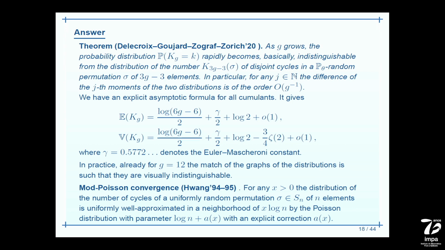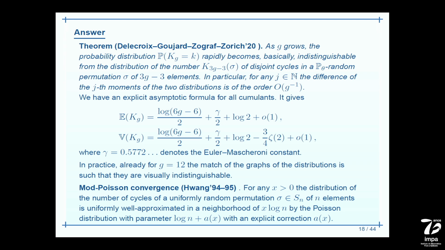So the theorem which we proved is that morally the statistics of simple closed hyperbolic geodesics or square-tiled surfaces becomes basically indistinguishable from the statistics of these random permutations with this strange random measure which I described.